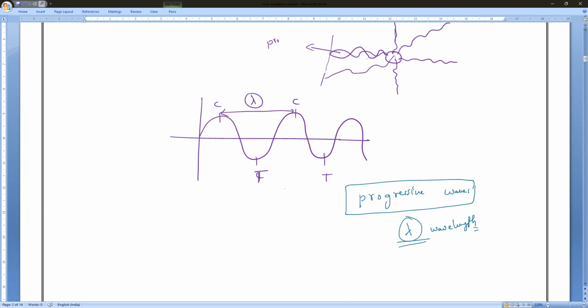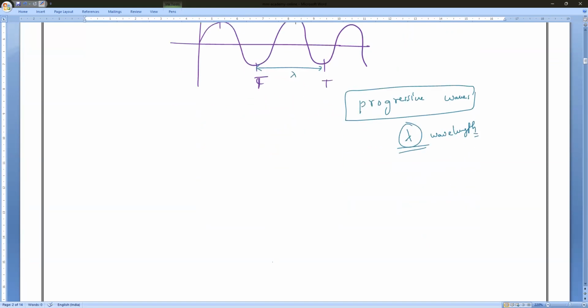In stationary waves, please note, crest to crest or trough to trough, consecutive crest and consecutive trough side by side, we call lambda, or between two compressions or two rarefactions. Stationary waves mean what?